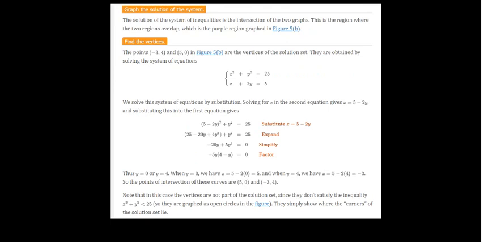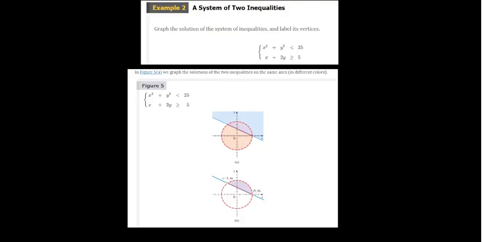Notice how if we just straight up graphed both of the inequalities as we did in example 1, we shaded inside of the circle and above the line.